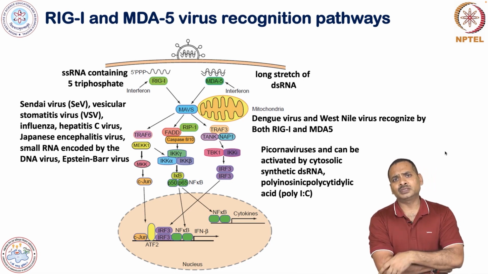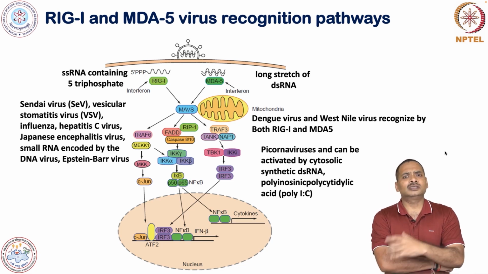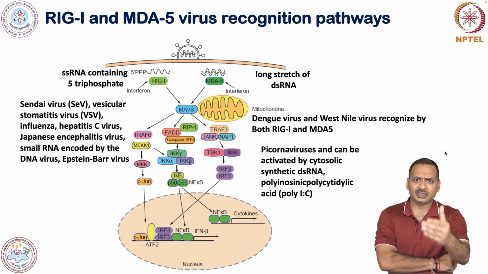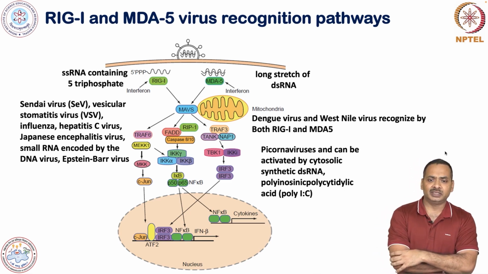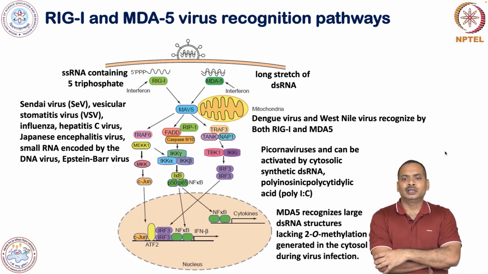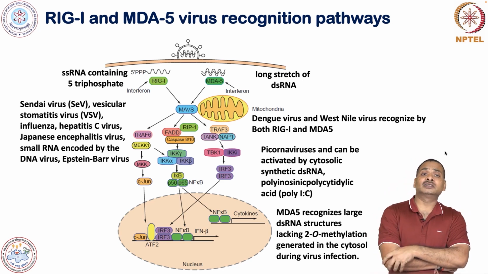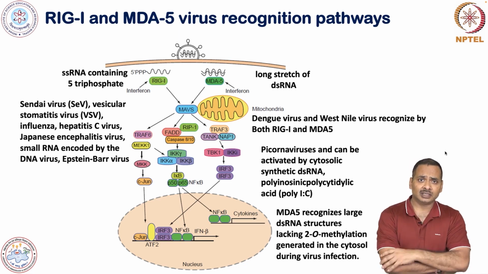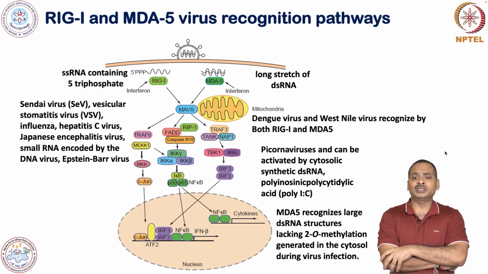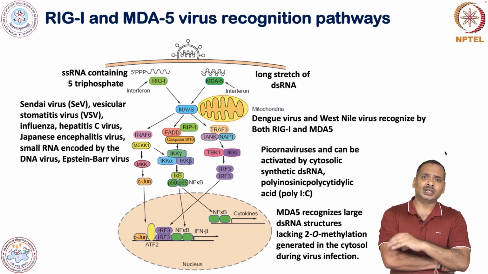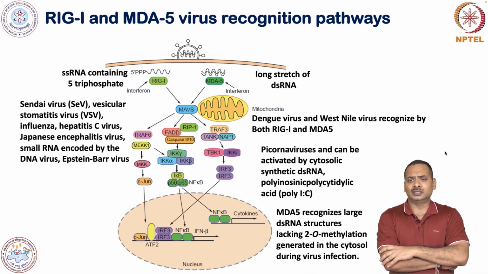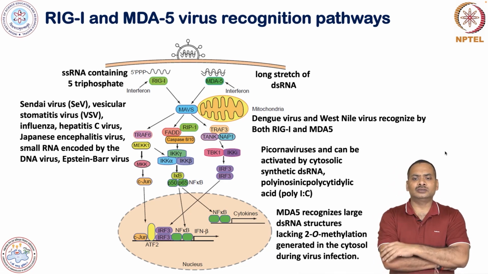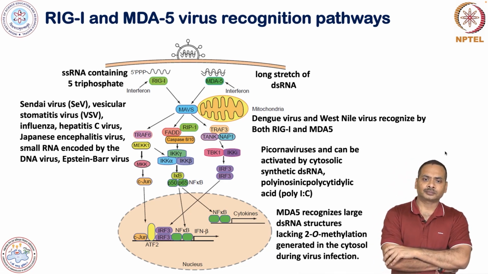I have told you previously, if you introduce synthetic poly IC inside the cell, that will mimic a virus infection, and it is mainly sensed by MDA5. MDA5 recognizes large double stranded RNA structures lacking 2O methylation, generated in the cytosol during virus infection.